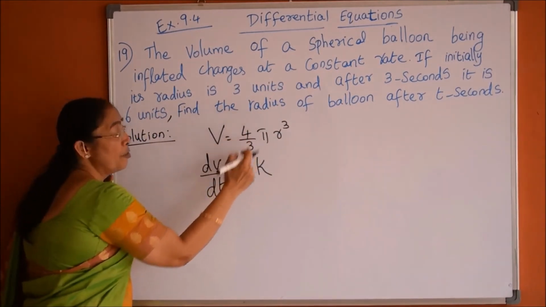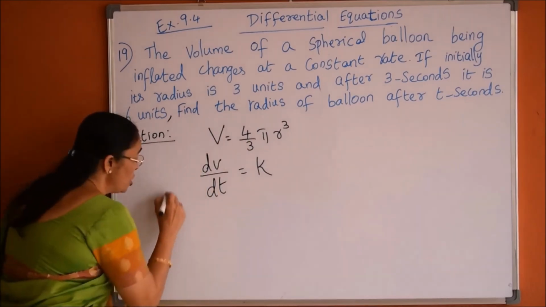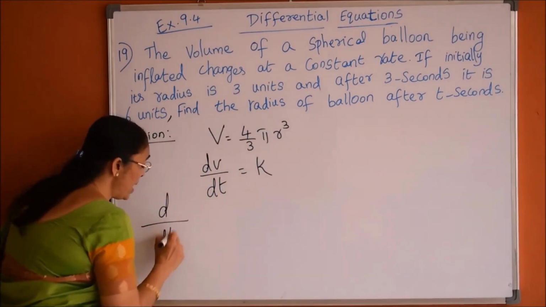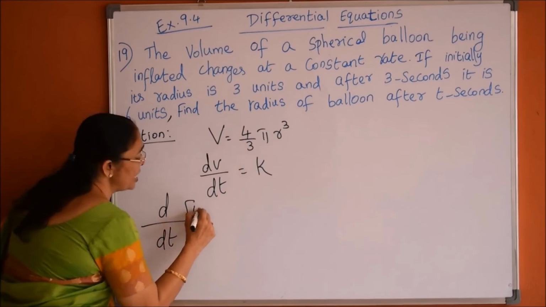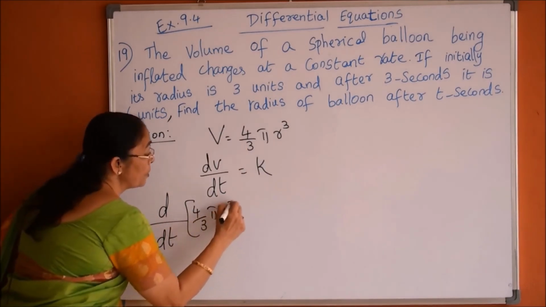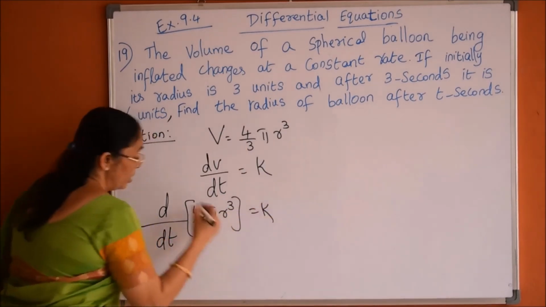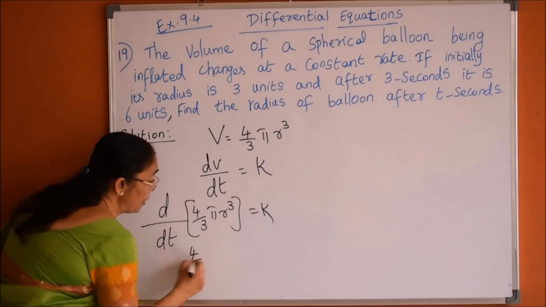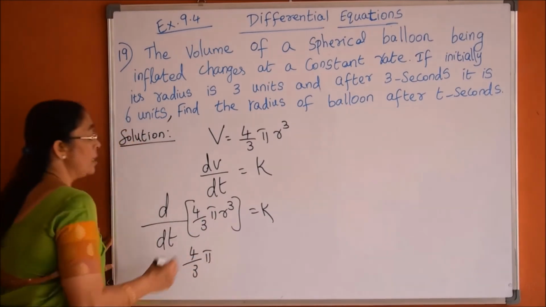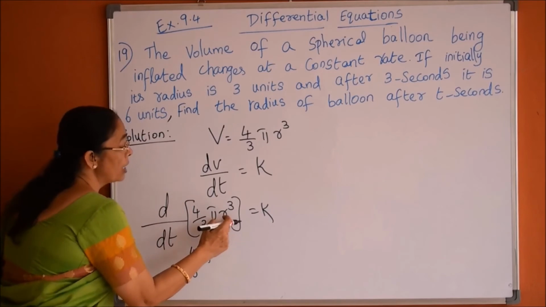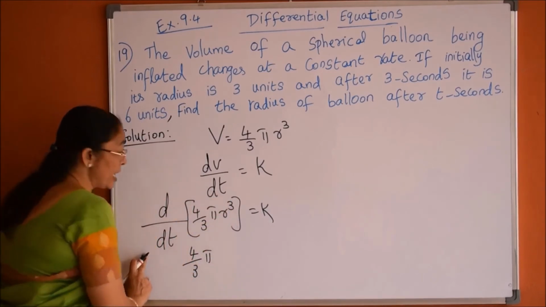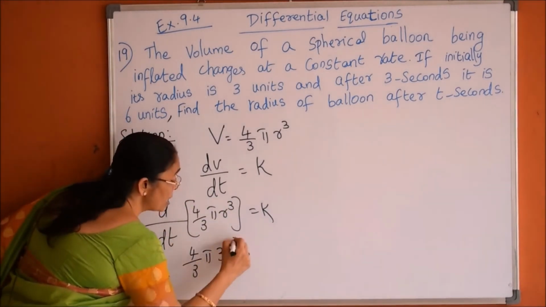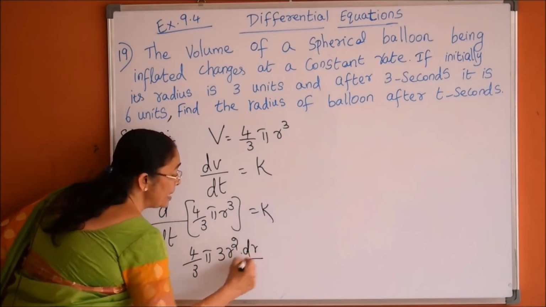So V is 4 by 3 pi r cube. Differentiating that, d by dt of V is 4 by 3 pi r cube, equals k. Differentiation, 4 by 3 pi can be taken outside. Differentiation of r cube with respect to t is 3 r square into dr by dt.